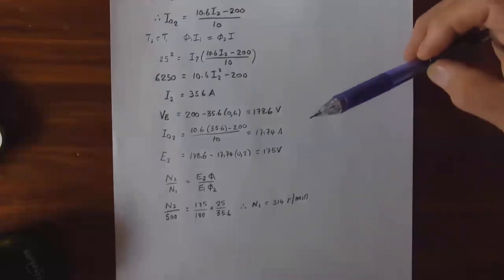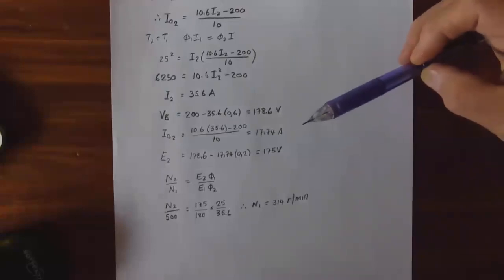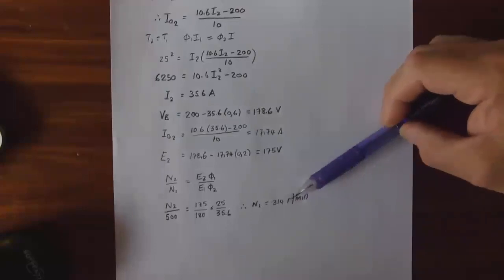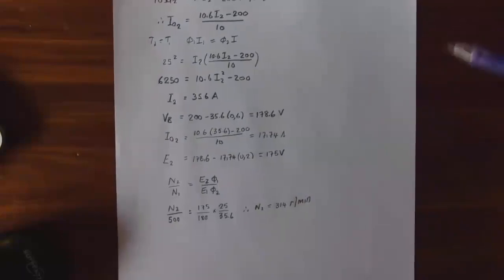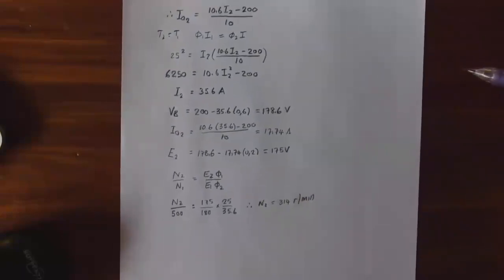And N2 over N1 is E2 flux 1 over E1 flux 2. And that gives us a speed of 340 revs per minute. I hope this helps in the exercises that you have to finish.